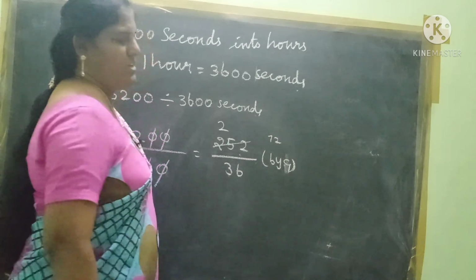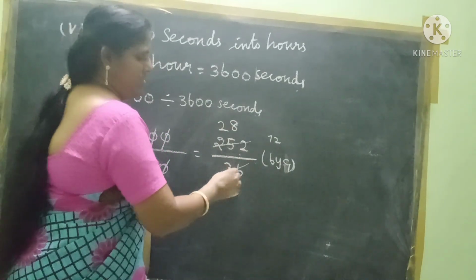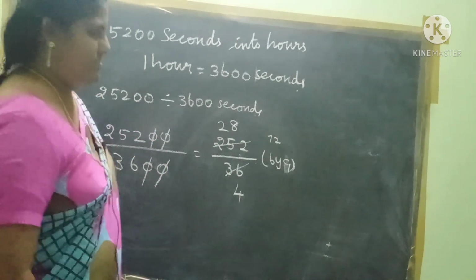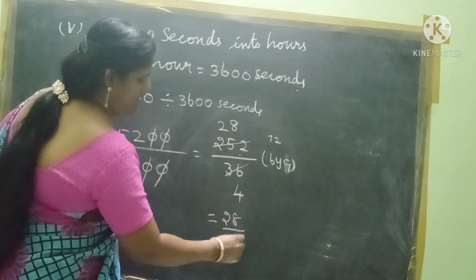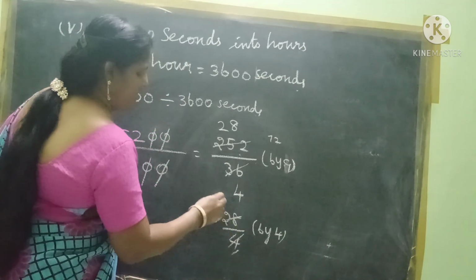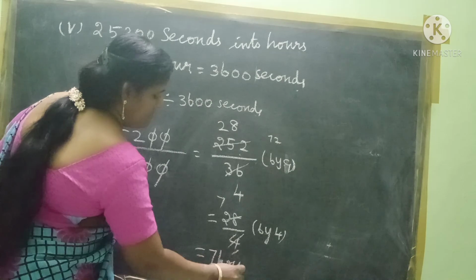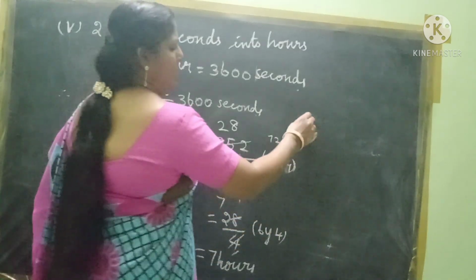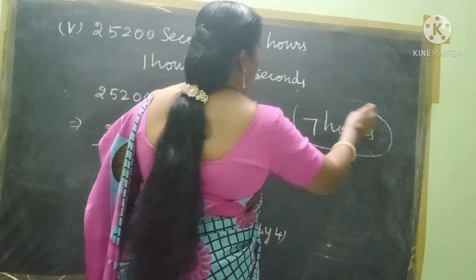So in 72 how many 9s are there? 8 nines are 72. And below, 4 nines are 36. So next, 28 divided by 4. By the 4 table, 7 times. Therefore the answer is 7 hours. What is the answer? The answer is 7 hours.